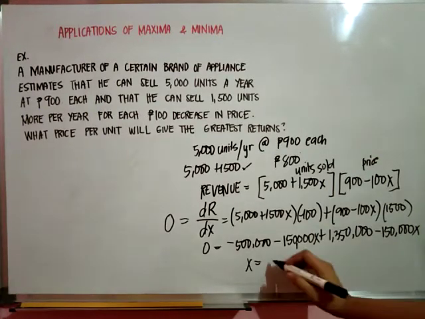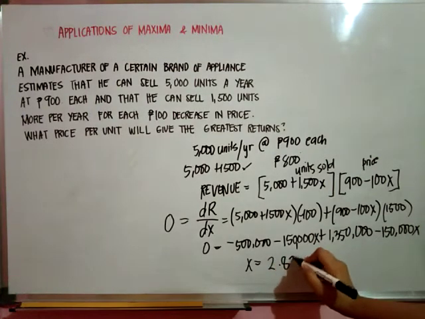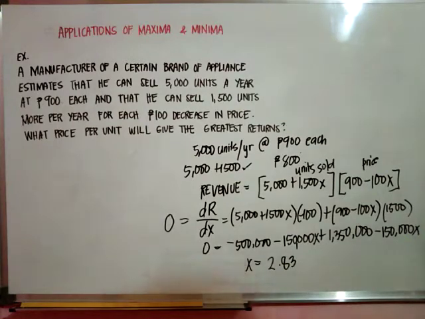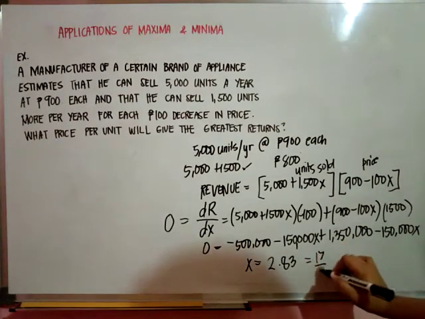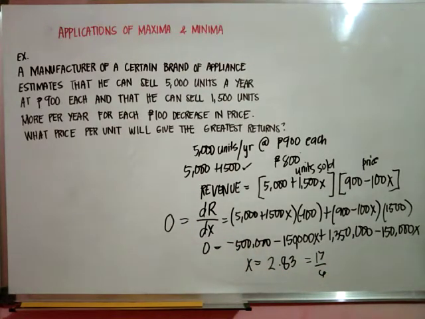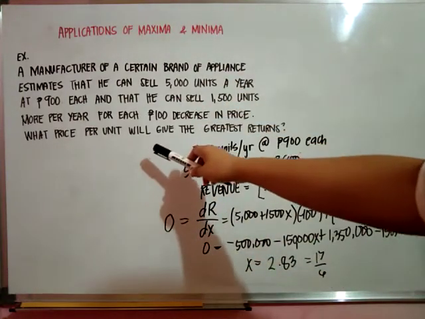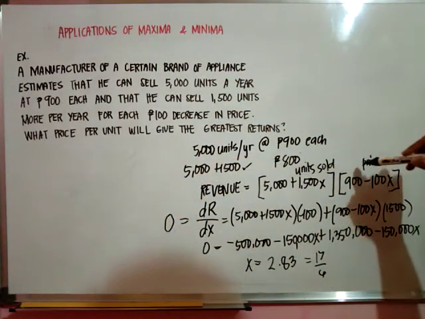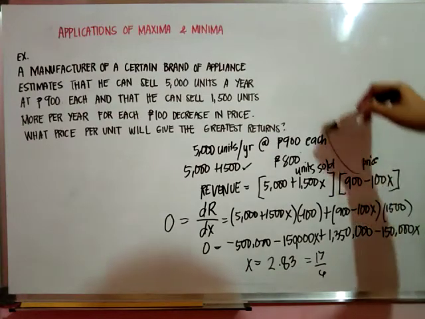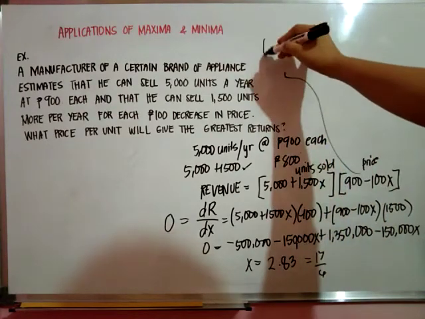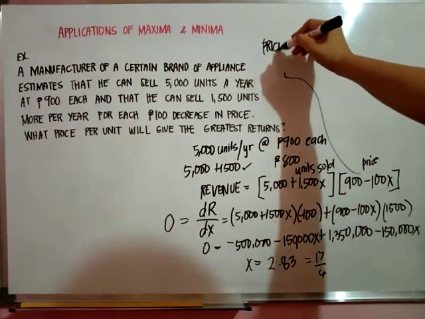So we have x is equal to 2.83, or in fractional form, we have 17/6. So this is not the final answer. We are asked what price. What price? So therefore, ito yung pagkukunan natin. So ito yung magiging price that will give the maximum return.